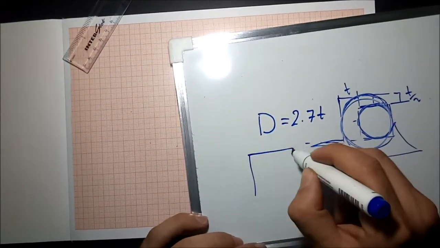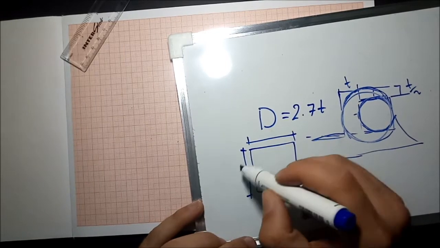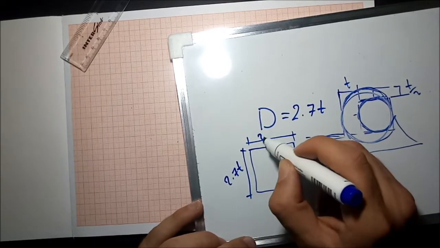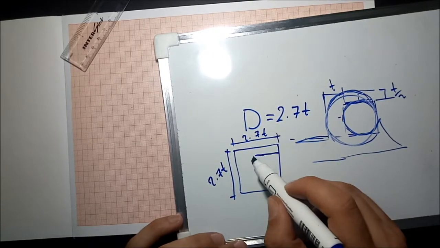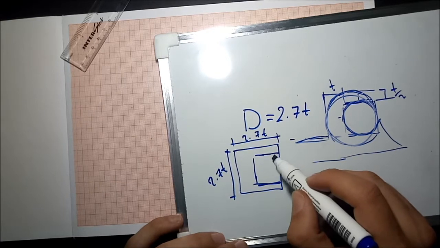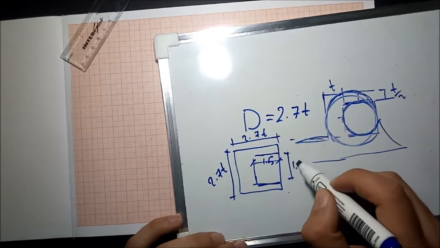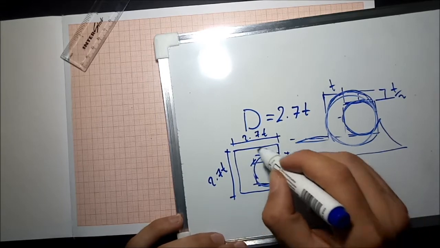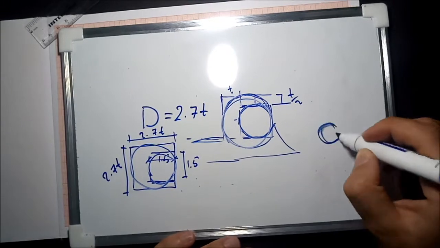Therefore, the next square we are going to draw will be 2.7 t by 2.7 t. Meanwhile, the first one, which was right over here, was 1.5 by 1.5. That's how we get this shape.